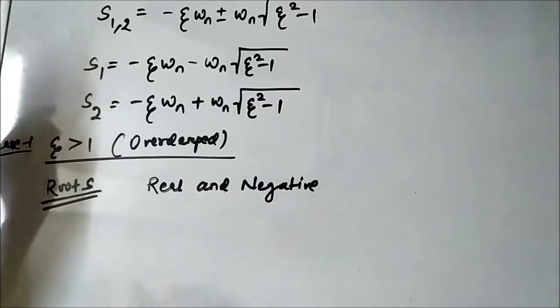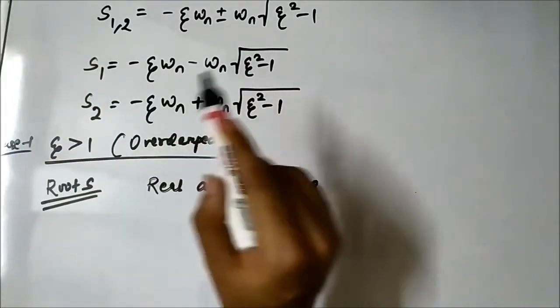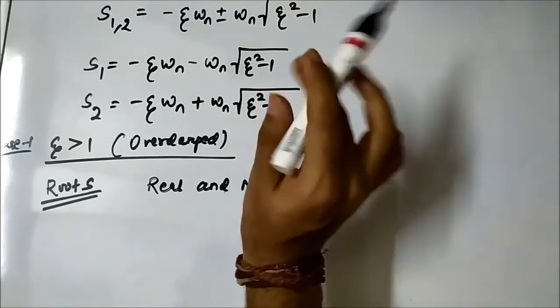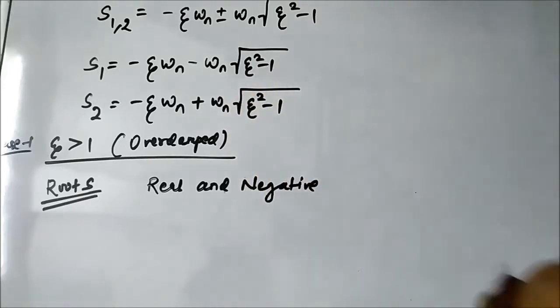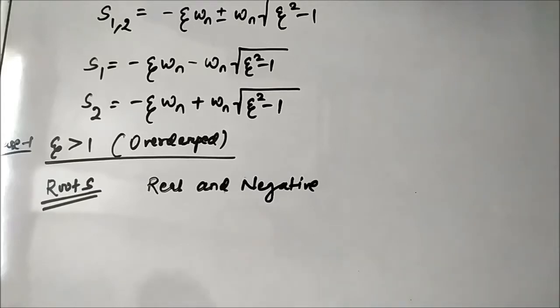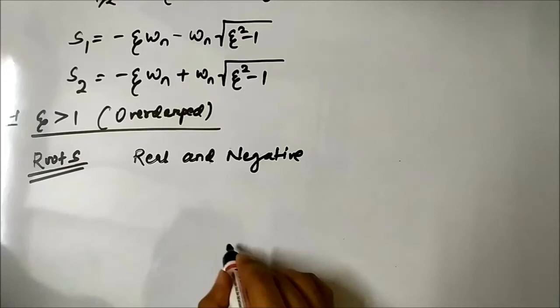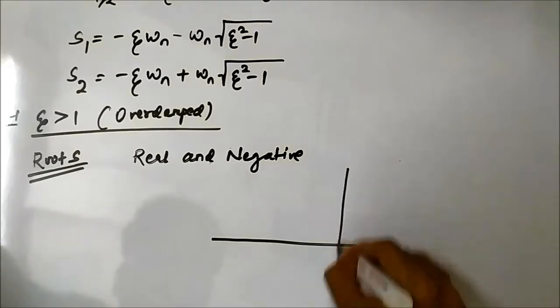No complex roots, no imaginary values, because zeta is greater than 1. When zeta will be greater than 1, zeta square will also be greater than 1. So obviously there will be no imaginary term coming here. No complex roots. Both the roots will be real and negative, and if we plot those roots on the complex plane, it will be like this.